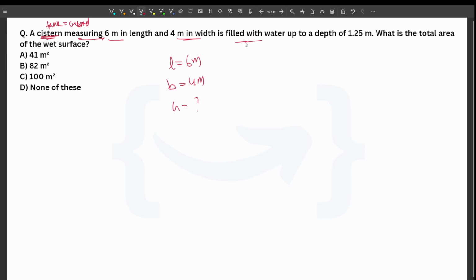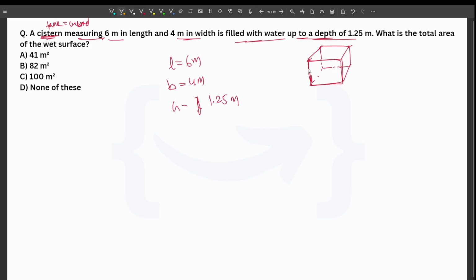It is filled with water up to a depth of 1.25 meter. So let me create a particular cuboid for all of you so that we can imagine the situation. So this is the situation we were discussing. Let's say this is our cuboid, isn't it? So the water level is, let me increase a bit.